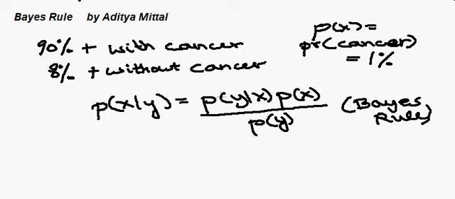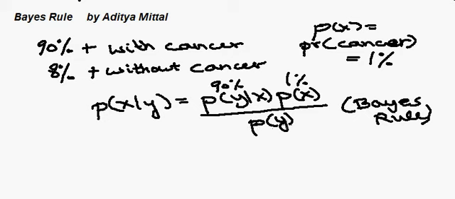So this is your 90% probability. This is your 1% probability. And this one here is just the probability that you test positive in either case.